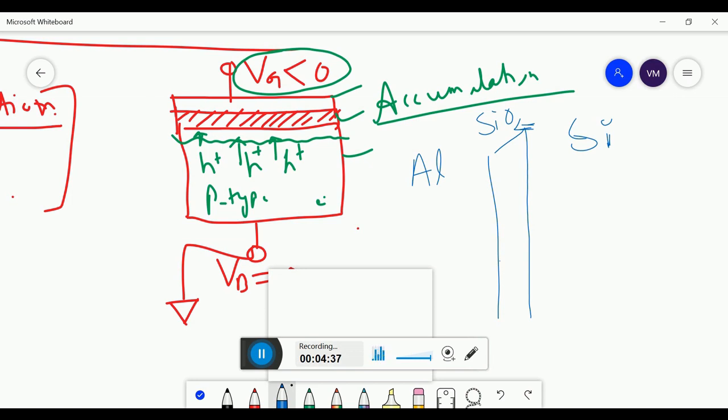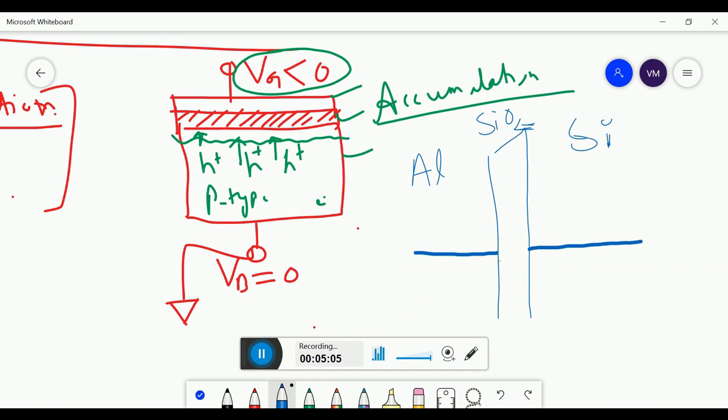Now what was the band diagram in the equilibrium, initial condition? In the initial condition, the Fermi levels were aligned. We all know that. So the Fermi level of aluminum was something like this, and the Fermi level of the silicon was also aligned to this.